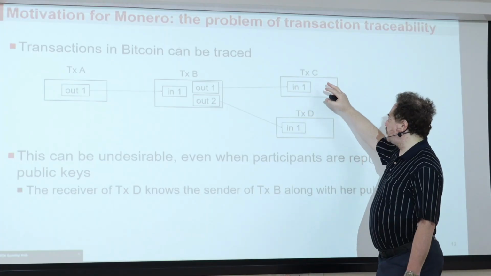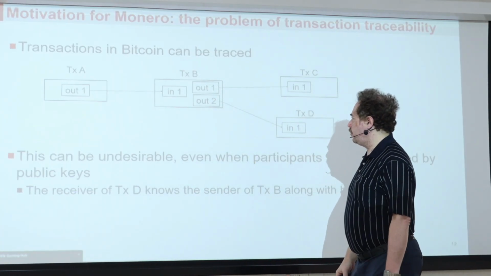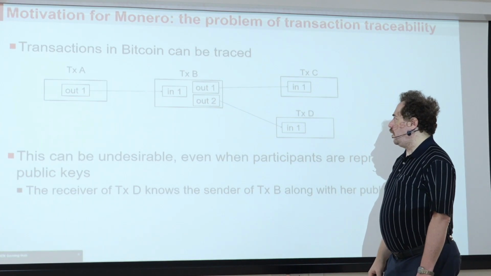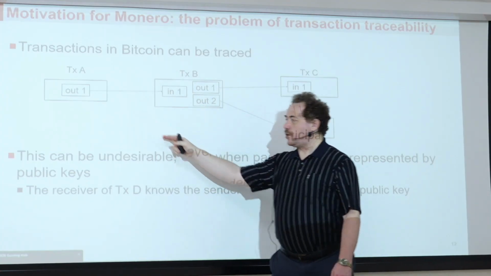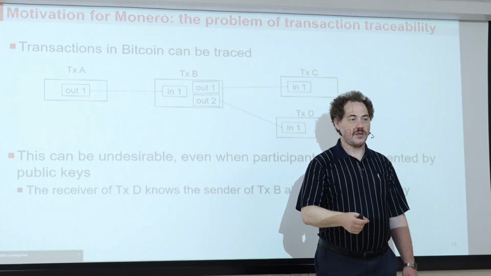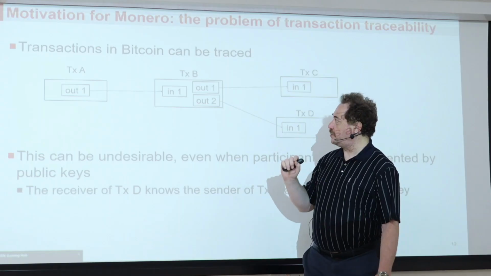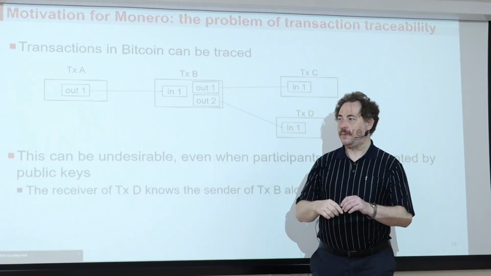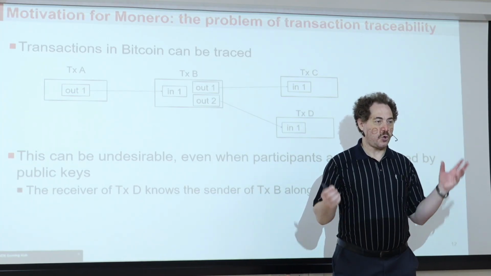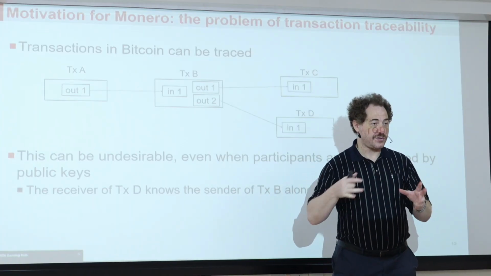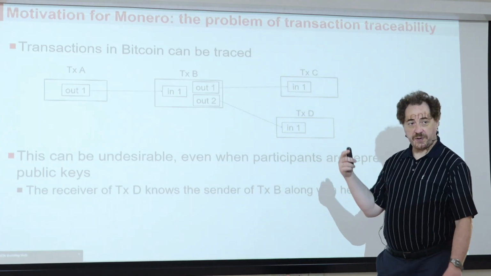And therefore, two different senders can collude and learn more about the entity, the sender of transaction B. Another example: if the transaction is very large, meaning it has a lot of inputs and a lot of outputs, then most likely this transaction belongs to some bulk user, not an individual user, perhaps a crypto exchange. So by looking at the graph, we can understand certain things. And that is undesirable in terms of privacy.